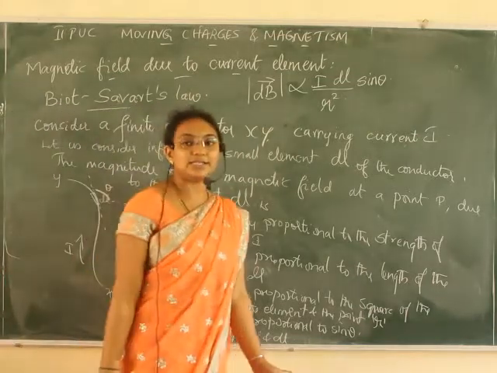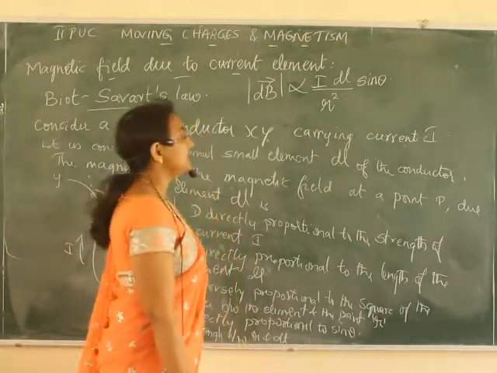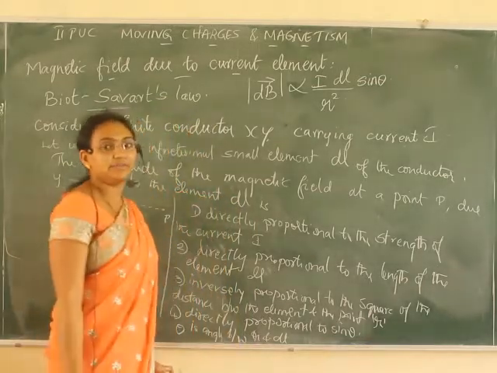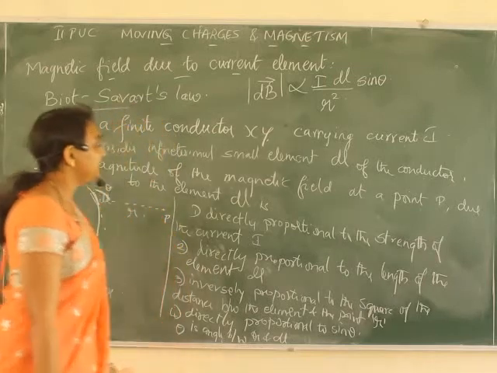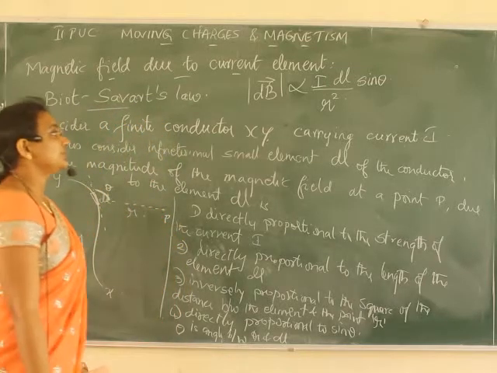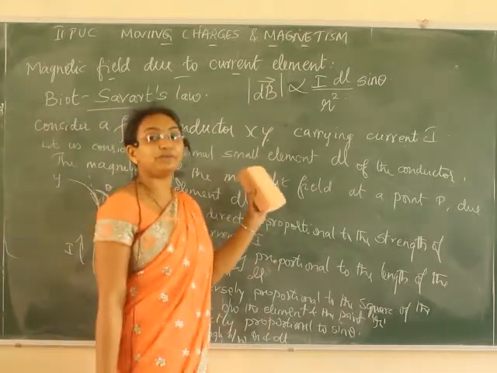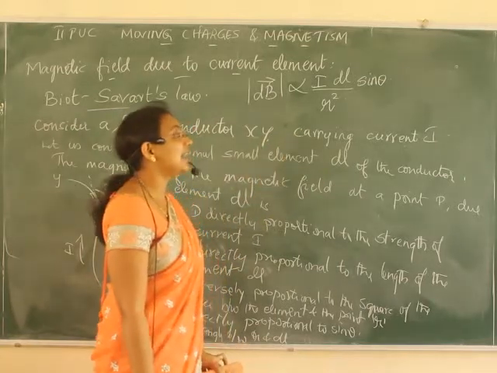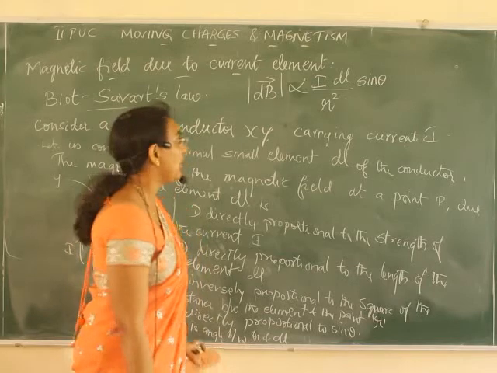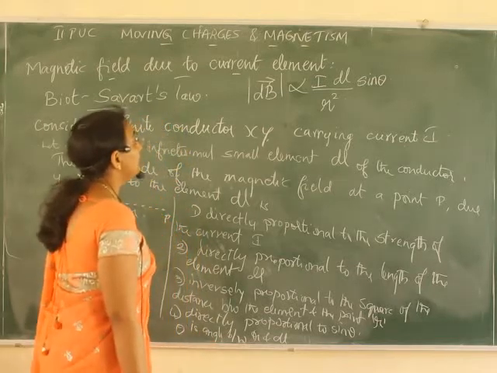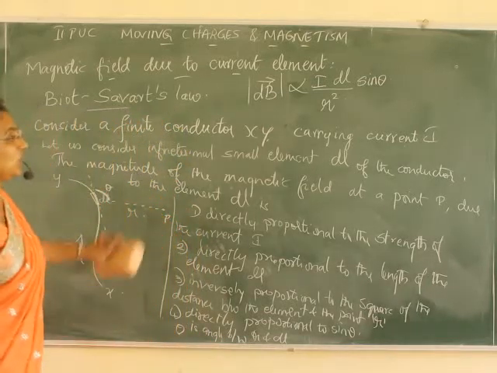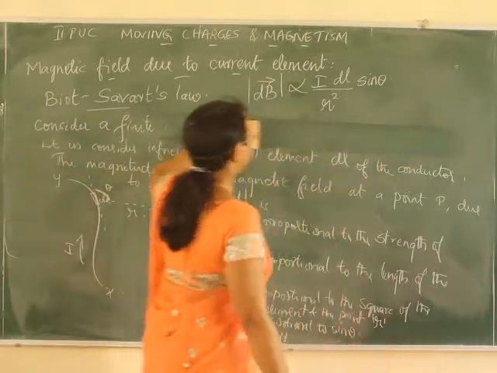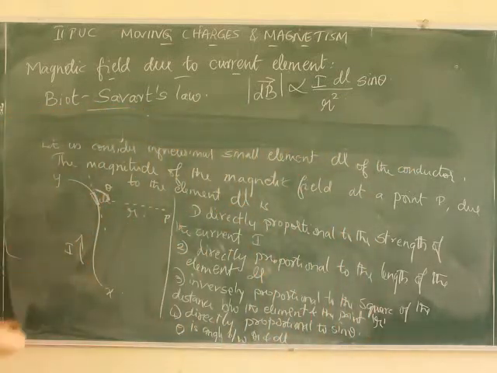So I can write dB. What is dB? dB is nothing but, for that small element, the magnetic field. Only the magnitude we are speaking about here. So the magnitude of dB vector is proportional to I dl sine theta by r square, or to remove the proportionality, we have to give a constant, that is mu naught by 4 pi. What is that proportional constant?